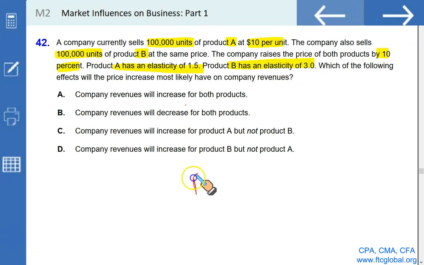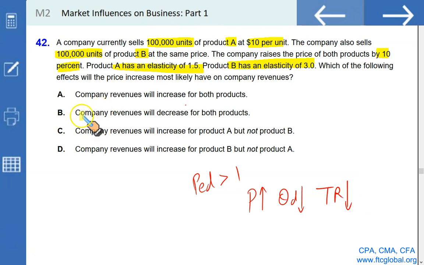Amazing. Both of these items have price elasticity of demand greater than 1. So any increase in the price would cause the quantity demanded to fall and would cause the total revenue to fall. This is what we have been discussing so far. Company revenue will decrease for both products. That makes B the correct option.